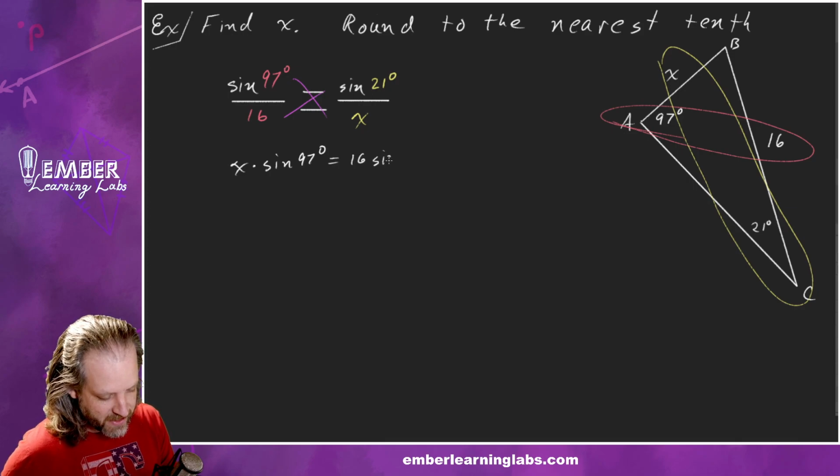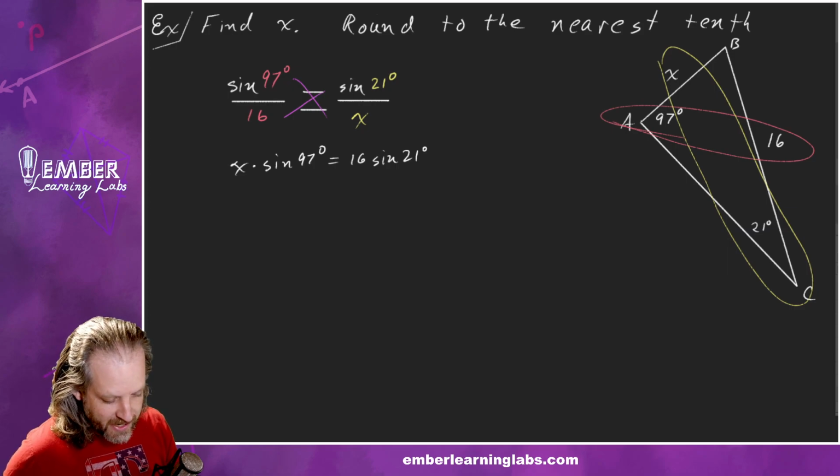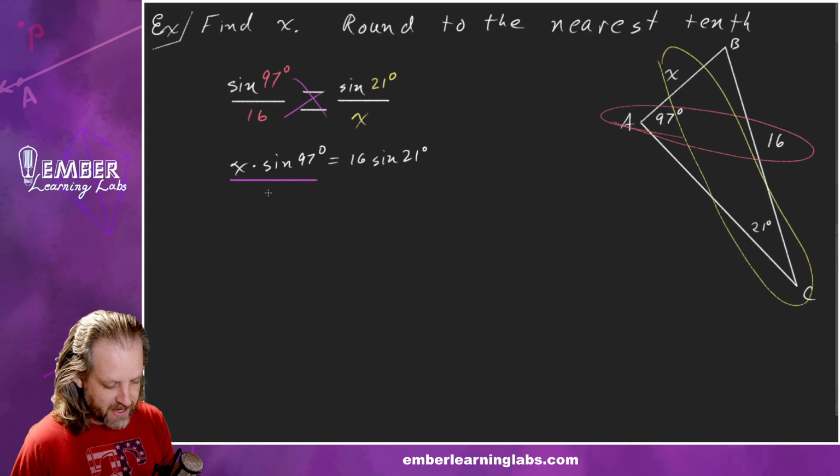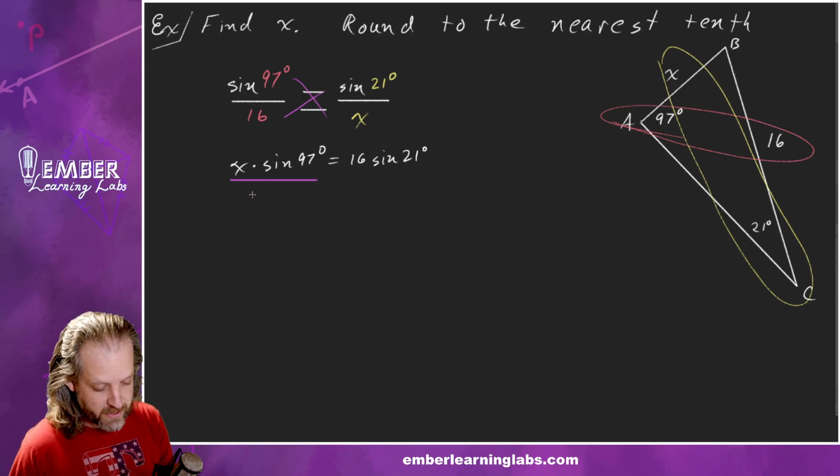Now we need to get rid of this sine of 97 degrees, so we're going to divide it off because it's multiplied on.